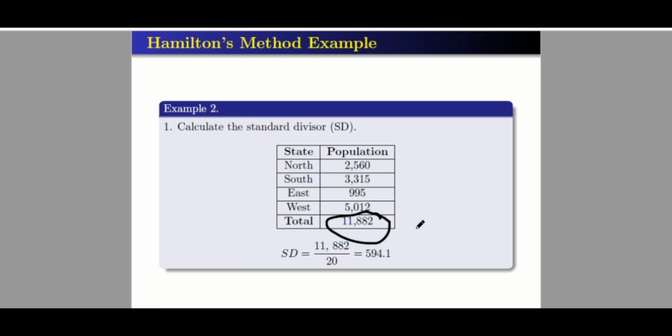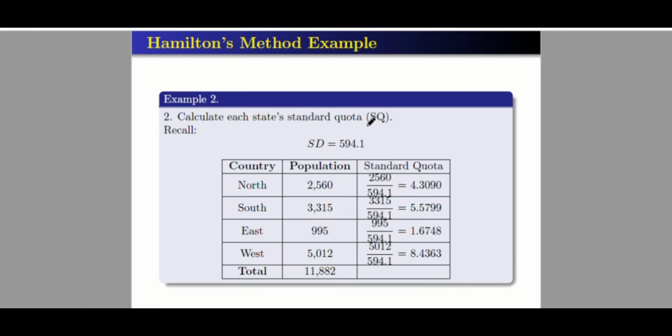Step number 2 is to calculate each standard quota. Here we will go to each specific population. 2,560 divided by our SD, which is 594.1, from step number 1, we have 4.3090.